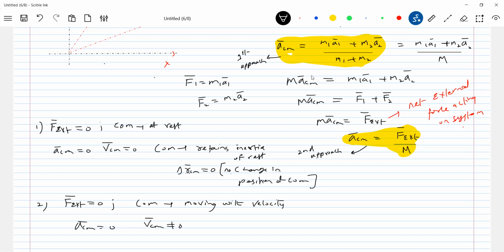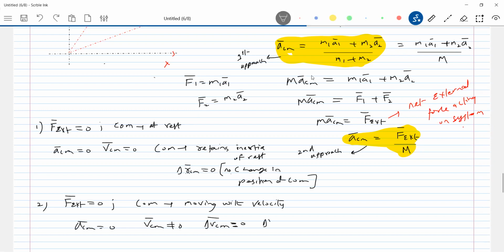No. Delta VCM will be 0. With what velocity the body is moving? If net external force is 0 and the body is having uniform velocity motion, it will continue its uniform velocity motion. Same thing with center of mass also. VCM will be non-zero, delta VCM will be 0. Are you able to understand this?